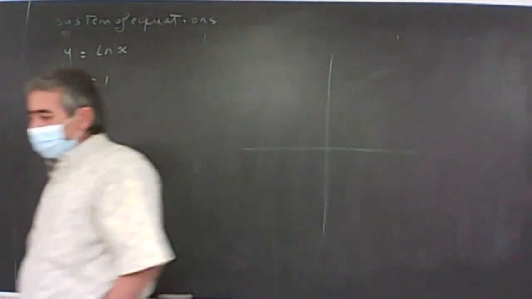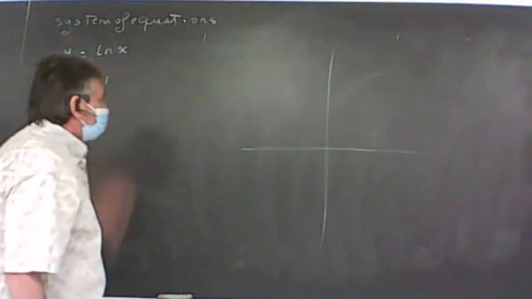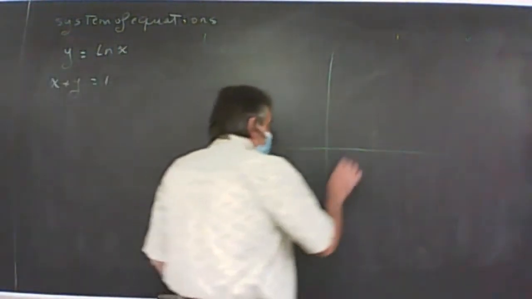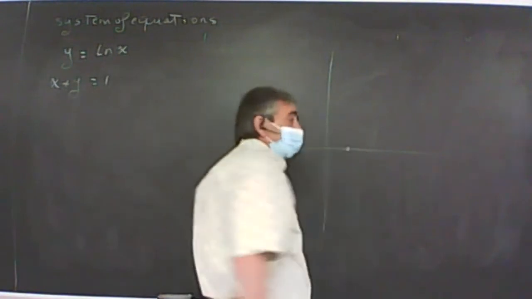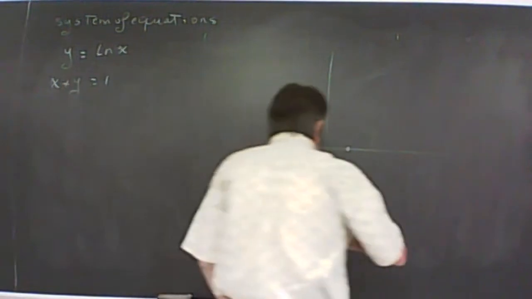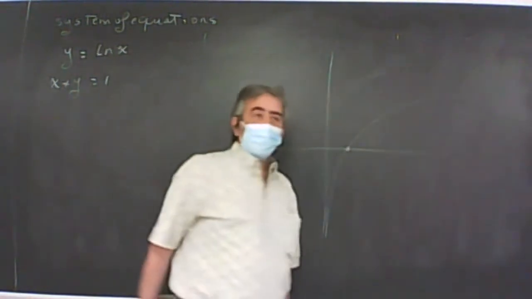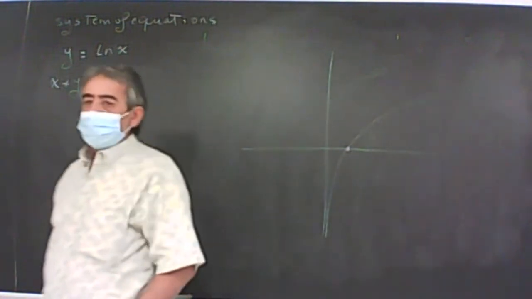The first equation says y equals ln of x. If you remember, we said ln of x passes by the point 1. So that's how the equation looks like.